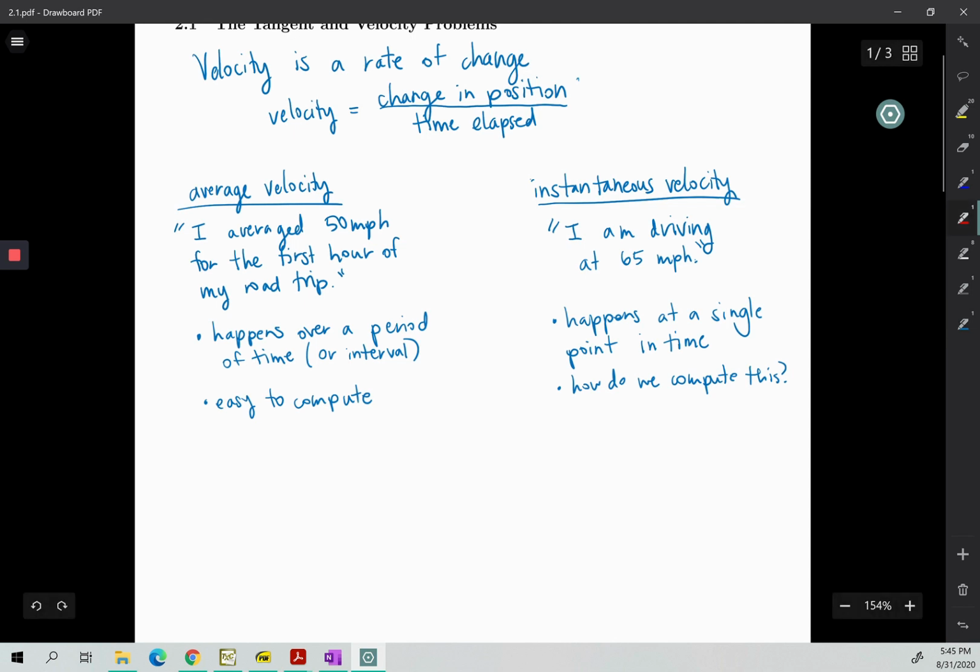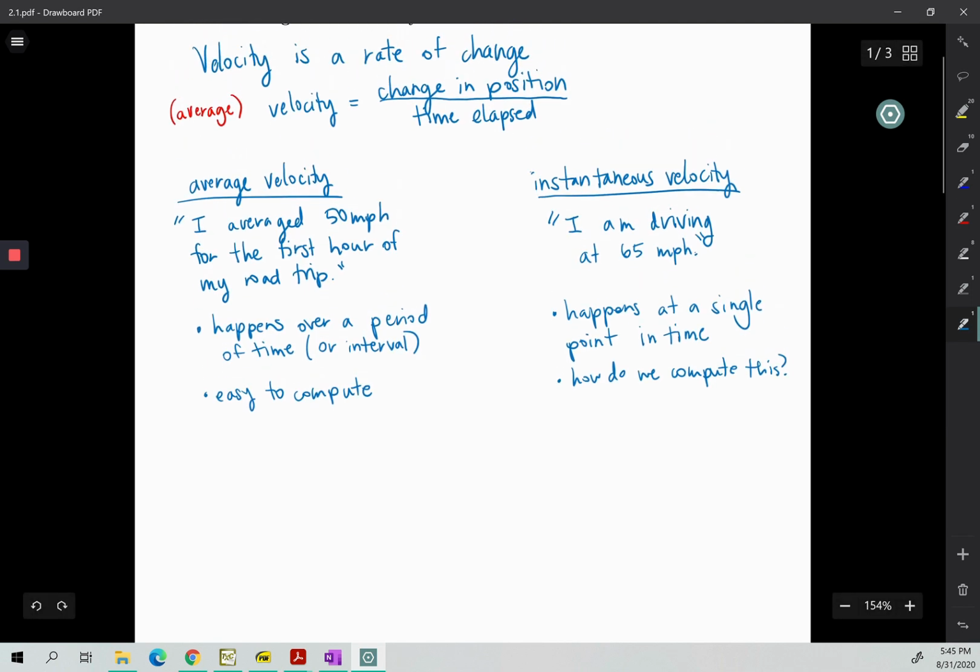So actually, I kind of lied to you when I wrote this down. This is actually only valid for the average velocity. Okay? And if we want to know the instantaneous velocity, we have to do something different.